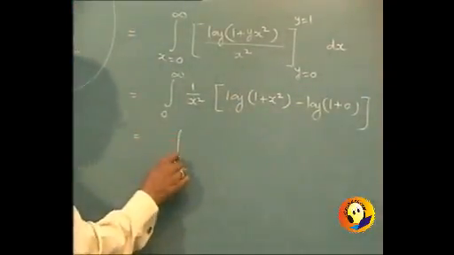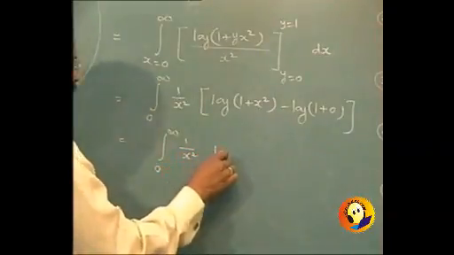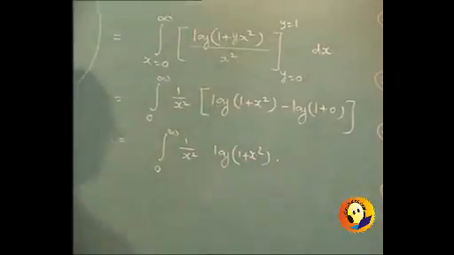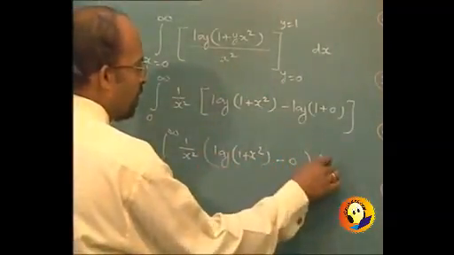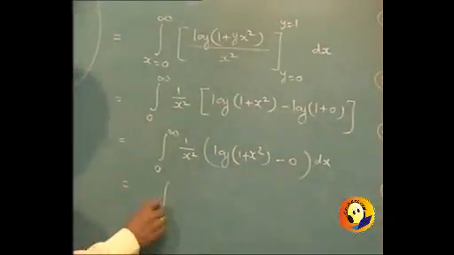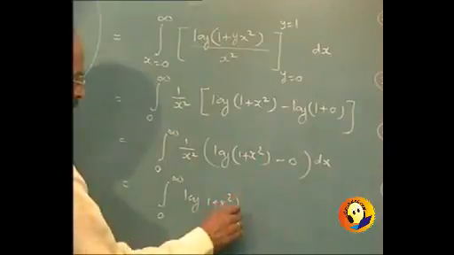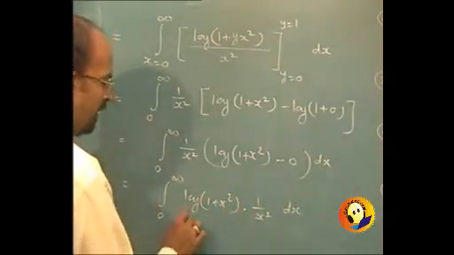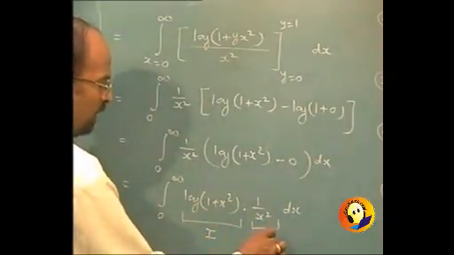So it will be integral 0 to infinity 1 upon x square log of 1 plus x square into, rather, minus 0 dx. So we end up with integral 0 to infinity log of 1 plus x square into 1 upon x square dx, to be integrated by parts, taking this as function 1 and function 2.